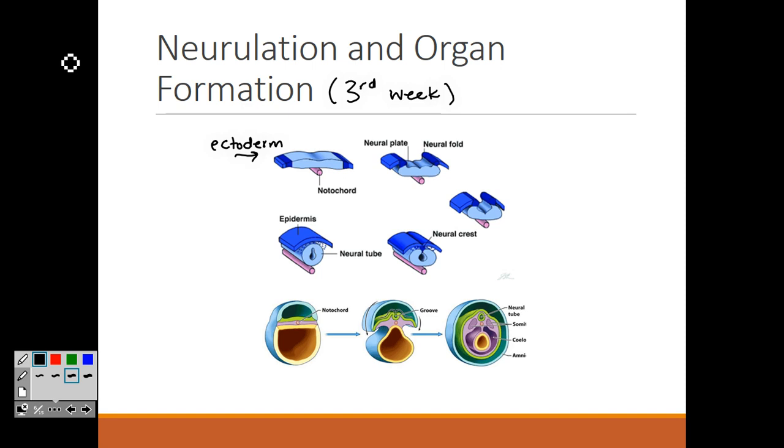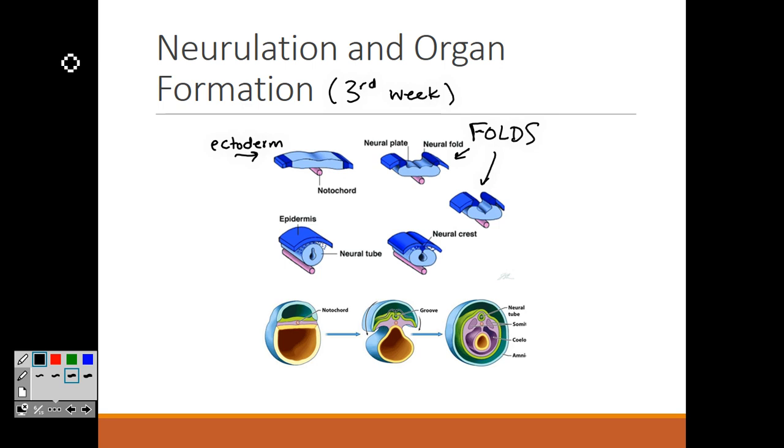So it's like we've zoomed in on just one of the layers of our cell that has gone through gastrulation, and we're just looking at the ectoderm. The ectoderm folds, as you can see here and here, in a really similar way to how the blastocyst started folding in on itself.